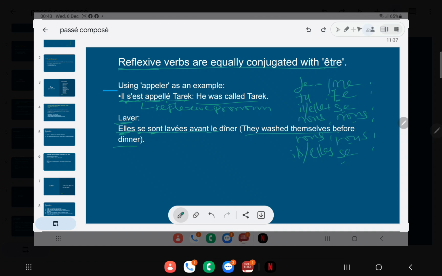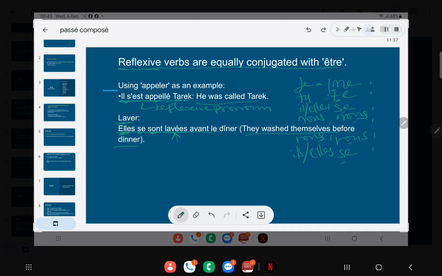So that one aside, être is also used in the case of reflexive verbs. Now, something interesting here. Lavées has an extra E and an S because of the feminine nature of the subject.